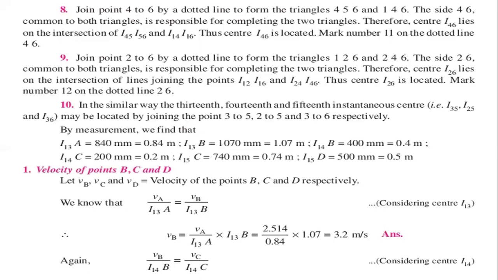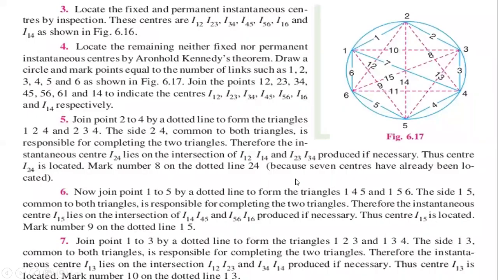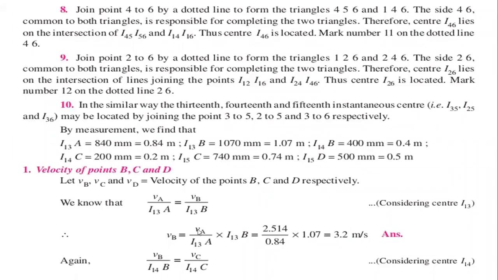So by measurement, we find that I13, that is the instantaneous center of 13, with respect to the point A, is the length to be measured, and this is also the length to be measured, I13 to C. So the instantaneous center of 13 with respect to the point A is measured as 840 mm, that is 0.84 meters.